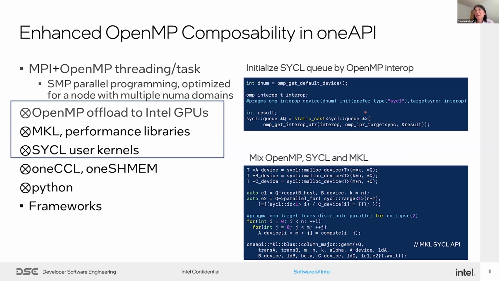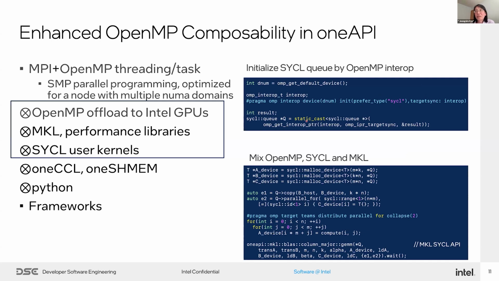This is still non-zero effort because we have to talk to SYCL somehow. So it will be a universal initialization step that creates the device context and also the queue with SYCL.